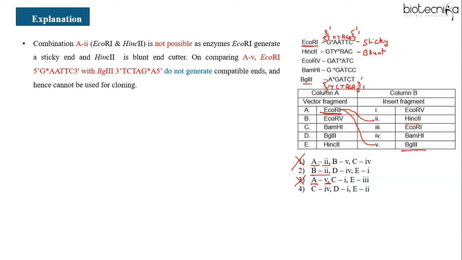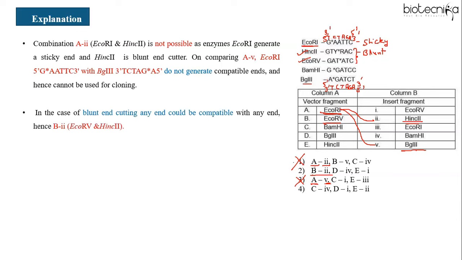Now in option 2, let's check the B and 2 combination, that is EcoRV and HincII. Yes, this is possible because both generate blunt ends and hence can be used for ligation. To further confirm, let's check D, BglII, and 4, BamHI. Again we have to check for complementarity.